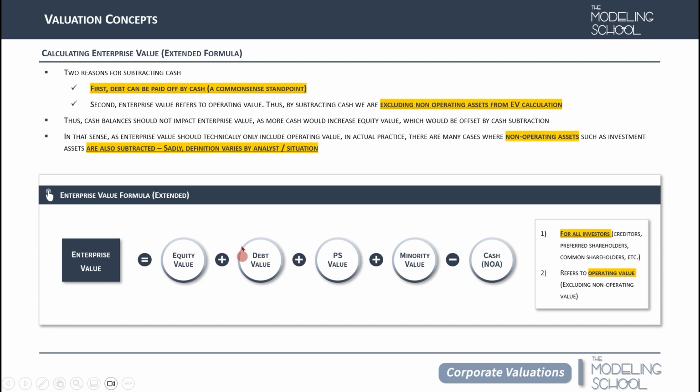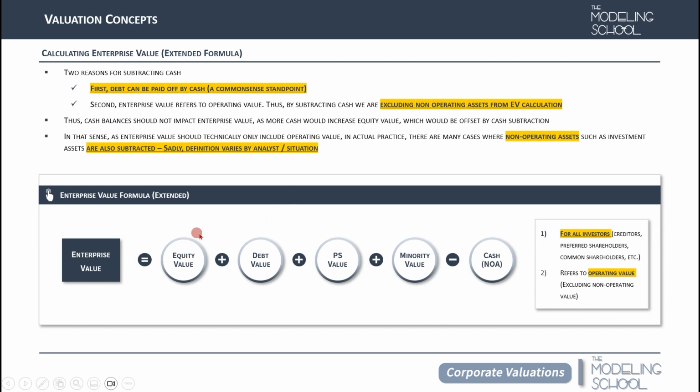And what actually happens is that equity value's market value, in other words market cap, is going to increase or decrease depending on whether the company has more cash or less cash. So by subtracting cash at the end, it erases the cash portion when calculating enterprise value.